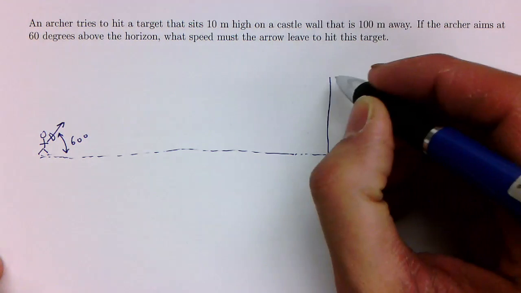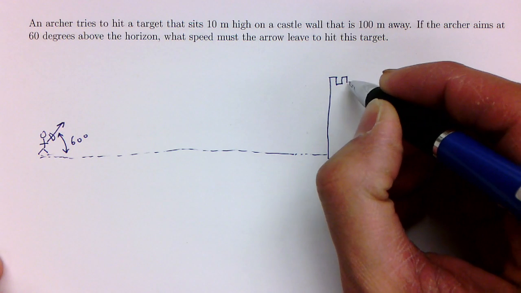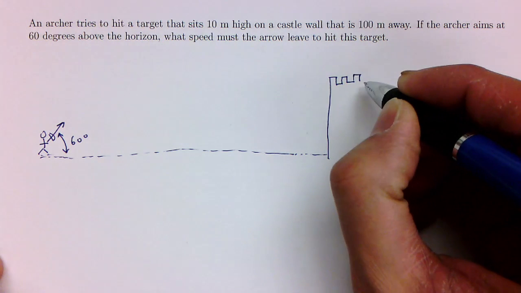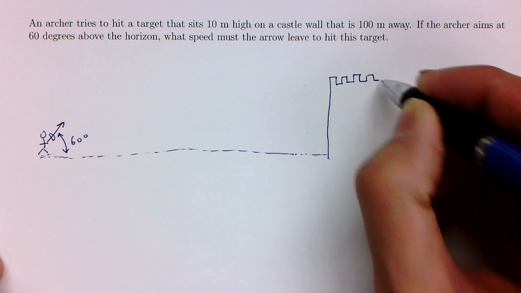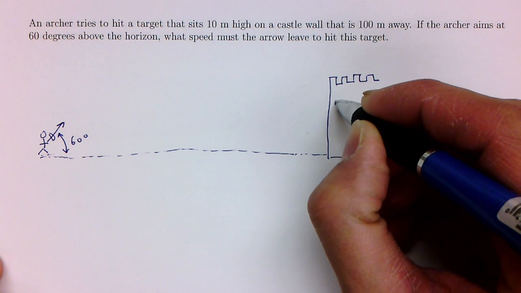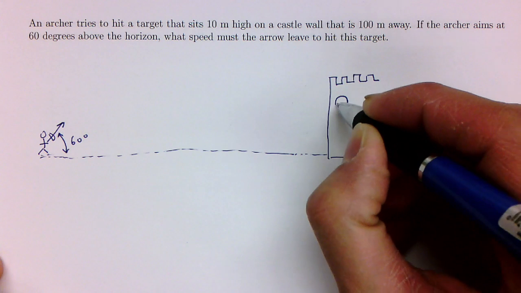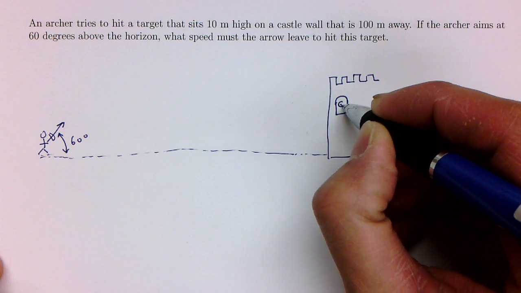So let's draw a little castle here. Perhaps a low target. And there is the target.